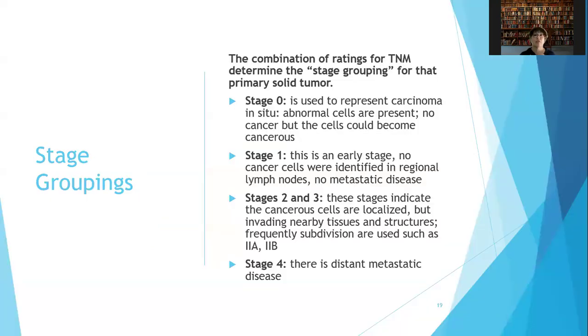And that's what makes it stage 4. If you have a tumor that is only in the early stage and there are no regional lymph nodes invaded and no metastatic disease, that's stage 1. If you have invasion but no metastasis, that's stages 2 and 3. So hopefully that makes sense. And that's what you usually hear for solid tumors.